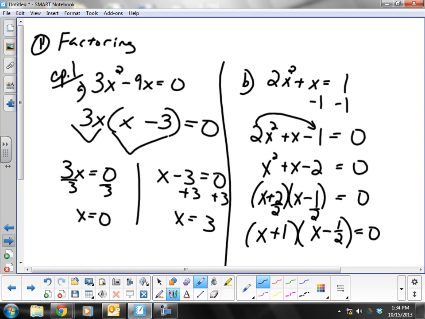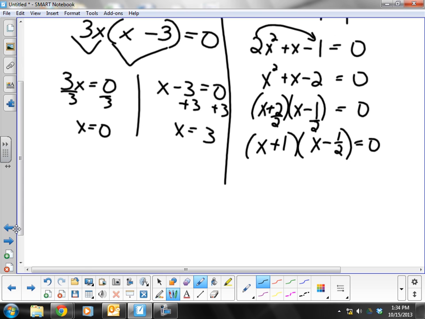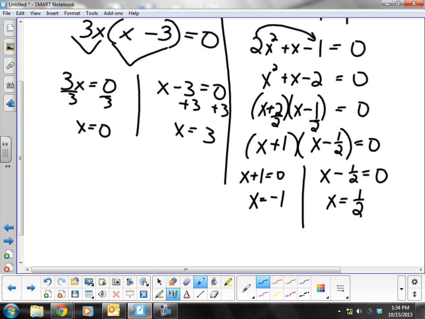And we talked last time about the fact that you can either make that 2x minus 1 or leave it like that. Because now all I'm going to do if I'm solving is say x plus 1 is equal to 0 and x minus 1/2 is equal to 0. And so x is equal to negative 1 and x is equal to 1/2. So there are my two solutions.